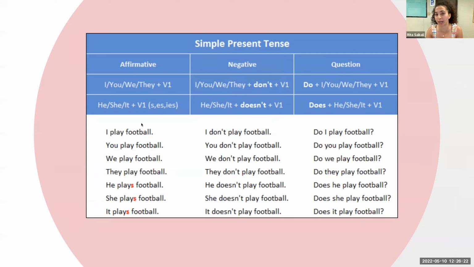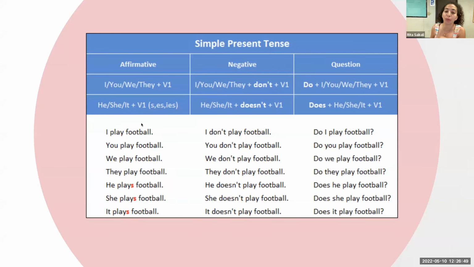Do not and don't are exactly the same. They're just put together. Okay. So everything except third person singular takes don't. The third person singular takes does not or doesn't. And then the verb. So pronoun, don't, verb. Pronoun, doesn't, verb. Yeah? Okay.